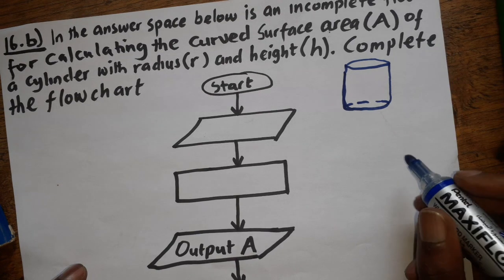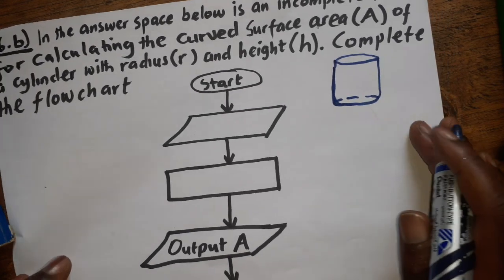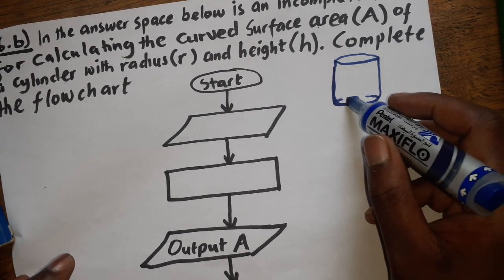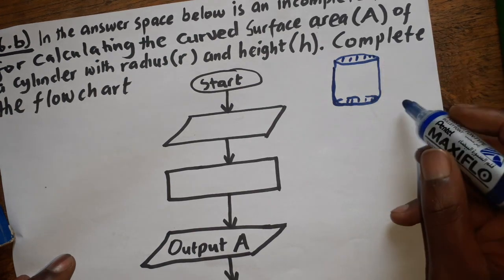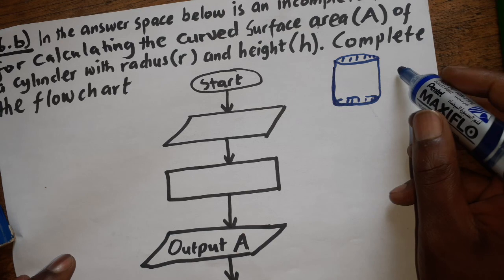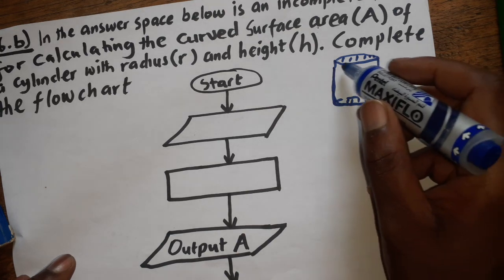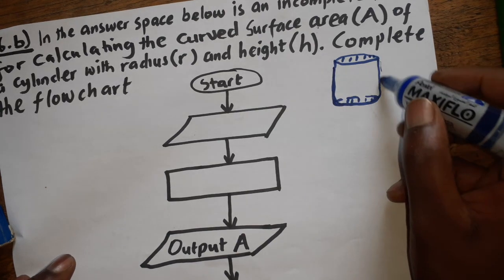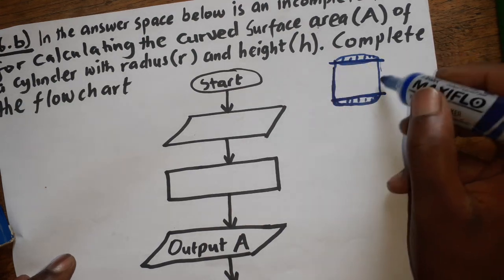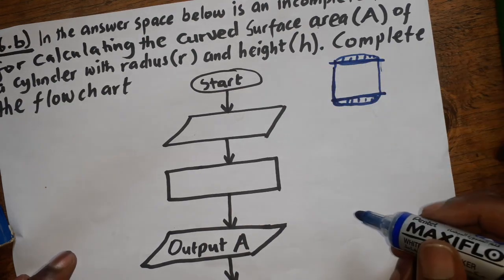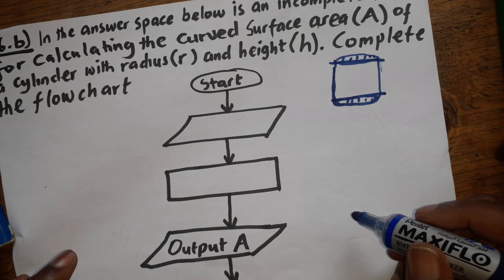So what we mean by the curved surface area, we do not want the bottom part, even this top part should not be there. We want the middle, the curved surface area, it's this middle part here, isn't it?